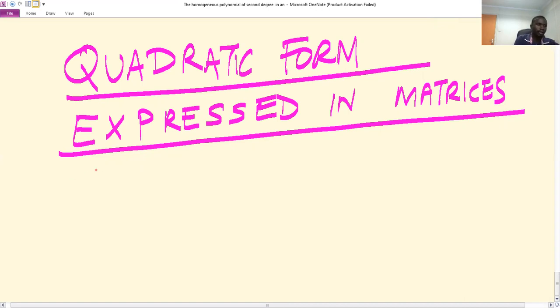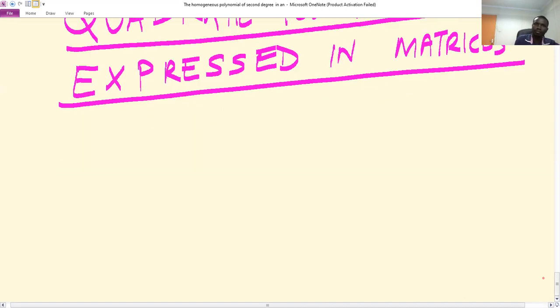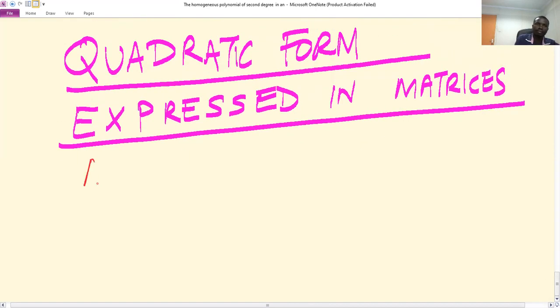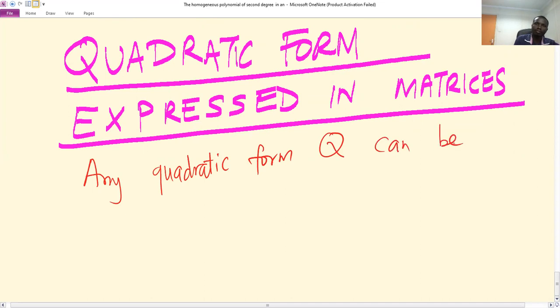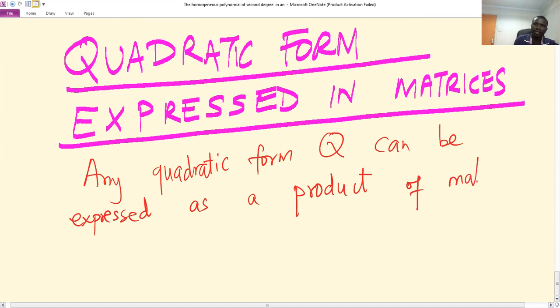So a quadratic form as a product of matrices.